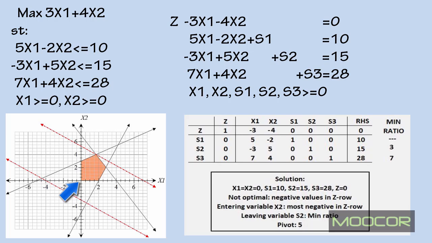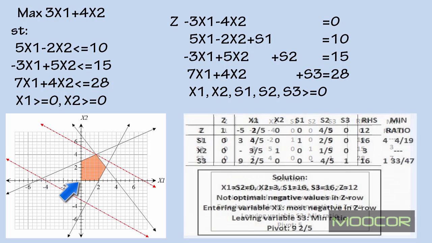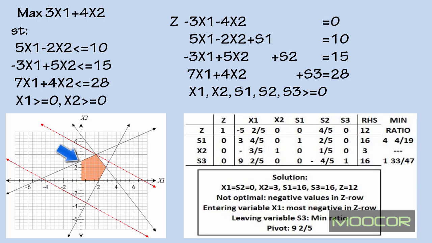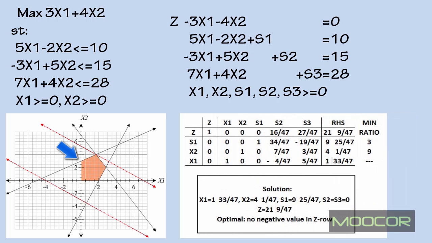We're starting with x1 and x2 0, and that's the origin point. From here we would identify entering and leaving variables. This is the second tableau, going through different adjacent extreme points, and we will reach the optimal solution. In this case we had a unique optimal solution.